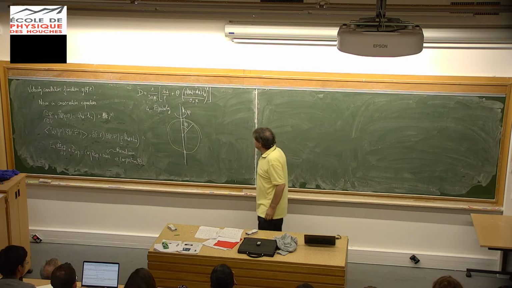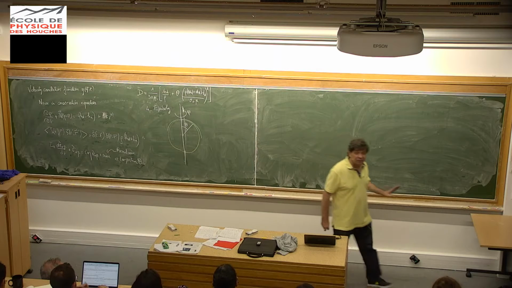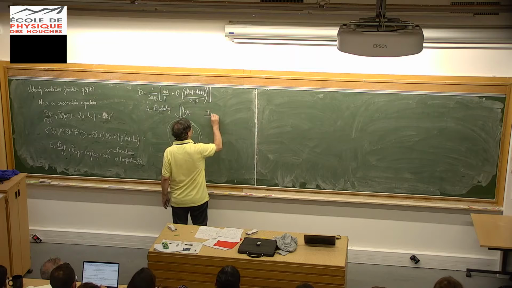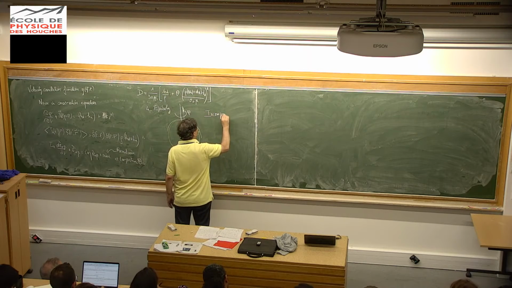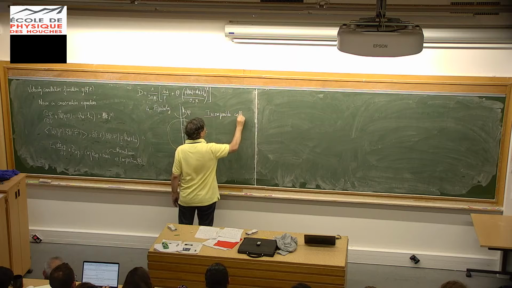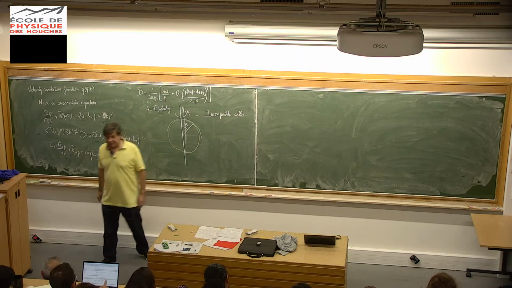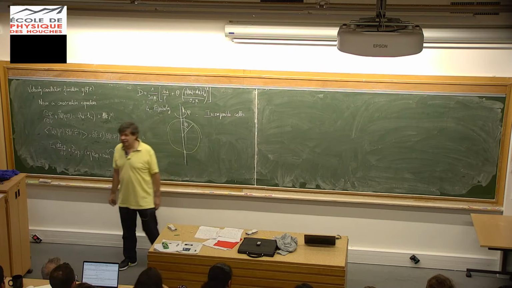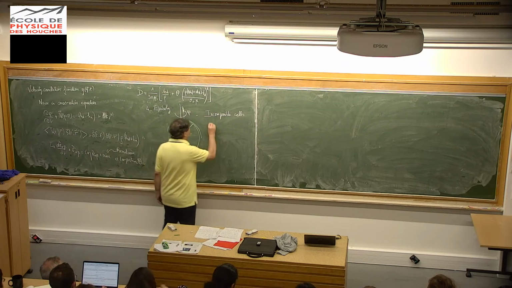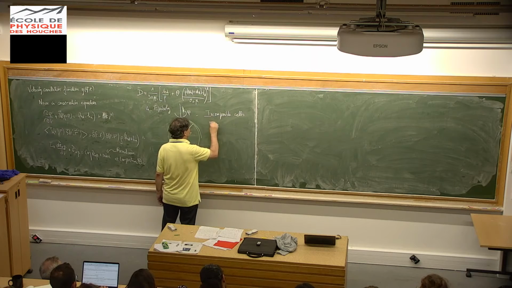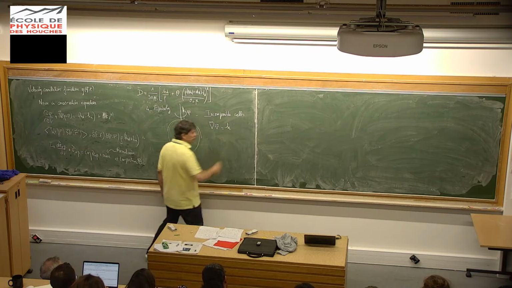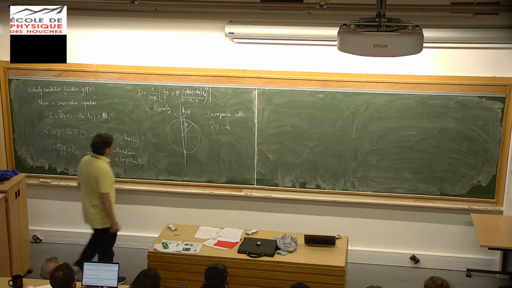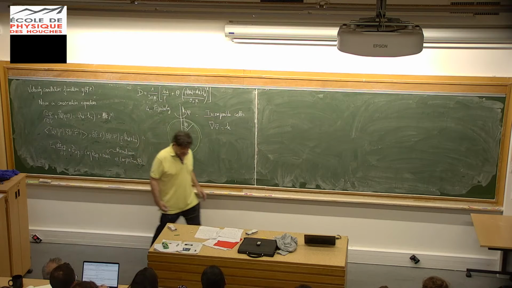So my assumption would be that the cells are incompressible. If the cells are incompressible, what I told you is that the divergence of the velocity is equal to k, where k is k_d minus k_a, but in practice it's k_d. Now you have to go to spherical coordinates.